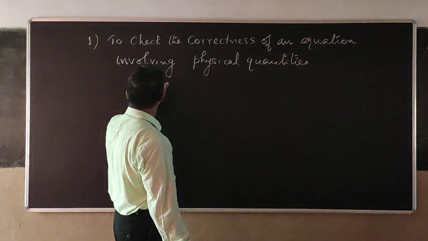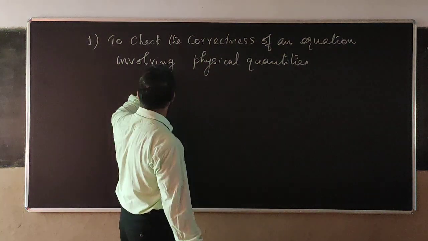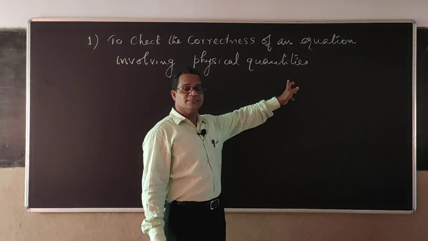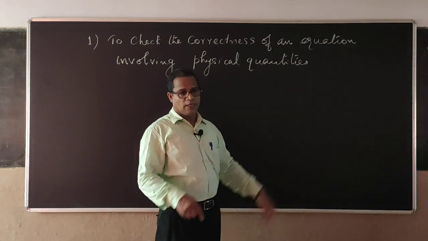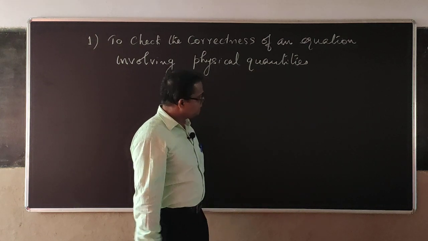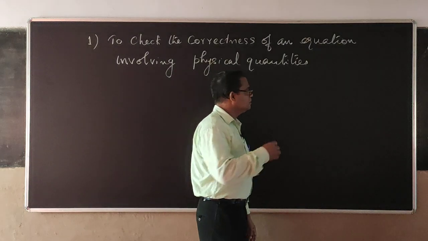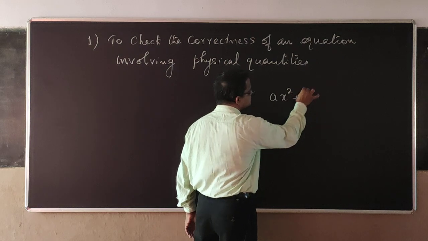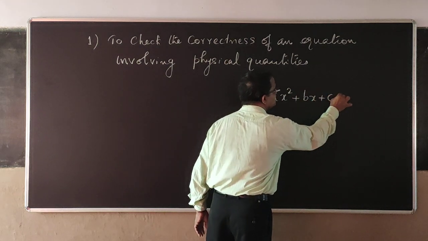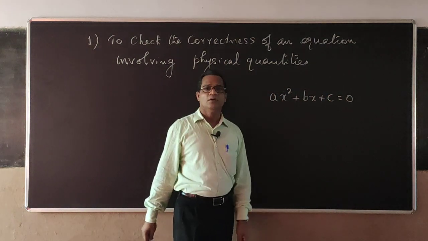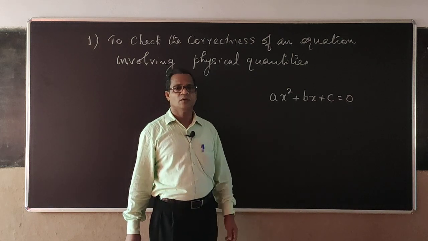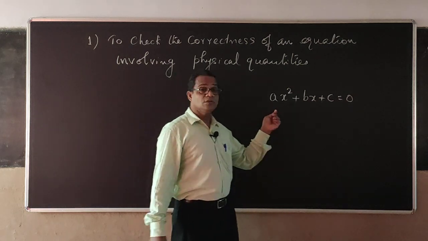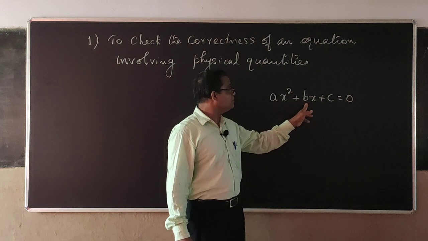Now, why an equation involving physical quantities alone? I'll explain it. Suppose we go for an equation like ax square plus bx plus c equal to 0. This is an equation. But we are not knowing the values of a, b and c.